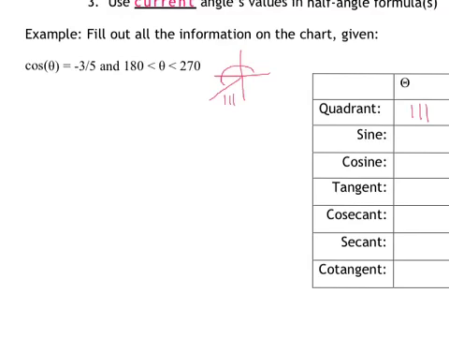The sine tends to be connected with a height, and so this is below the x-axis, and so sine is going to have a negative value. The cosine is often referred to as the x-coordinate, or the horizontal part of this. That's definitely to the left of the y-axis, which would be a negative value. In fact, our given was negative 3/5, and so we can fill that in.